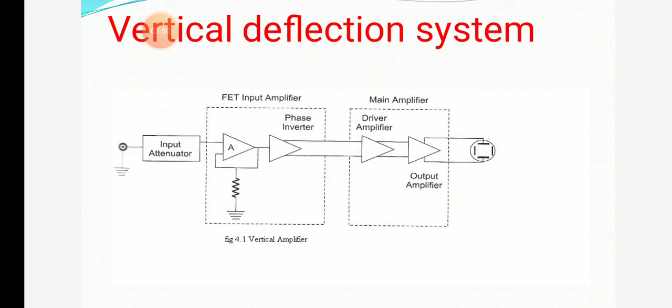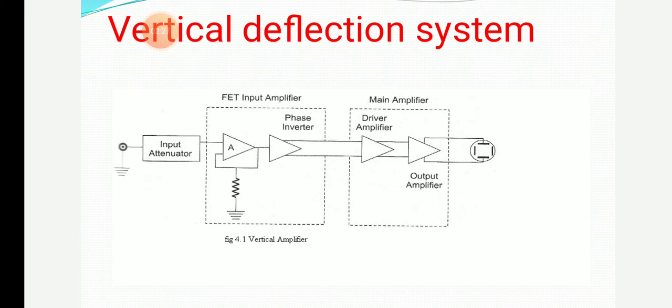Second block, vertical amplifier. The first stage, that is the input stage of the preamplifier, consists of a FET source follower, and the FET source follower has high input impedance as shown in the figure. This impedance isolates the FET amplifier from the attenuator.